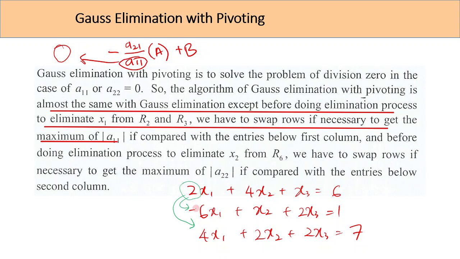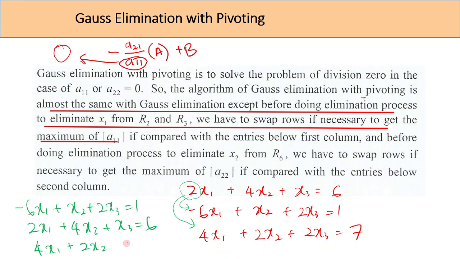From here we can see that 6 is the highest value, so we swap the first row with the second row, so it becomes negative x1 plus x2 plus 2x3 equal to 1, then 2x1 plus 4x2 plus x3 equal to 6, and the third equation remains the same, 4x1 plus 2x2 plus 2x3 equal to 7.